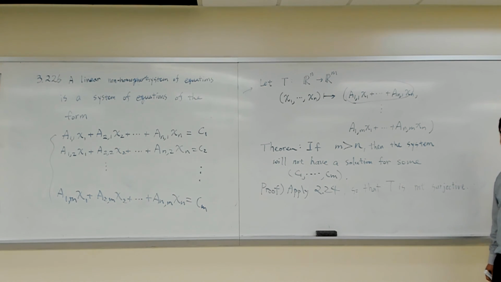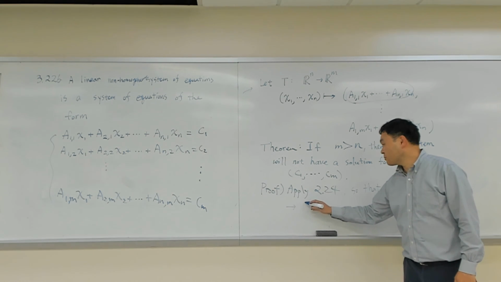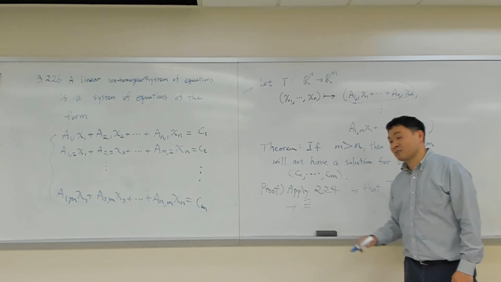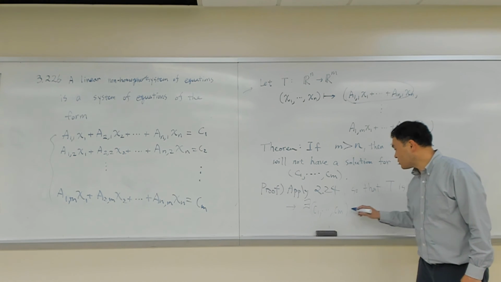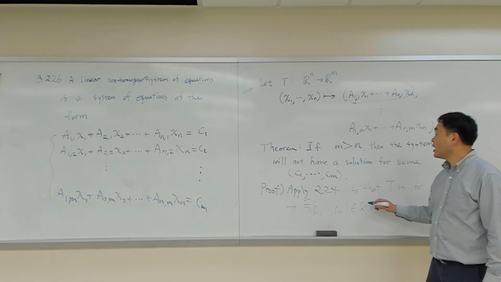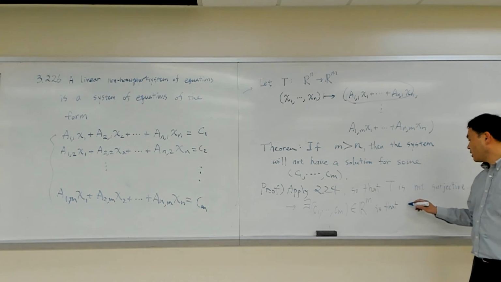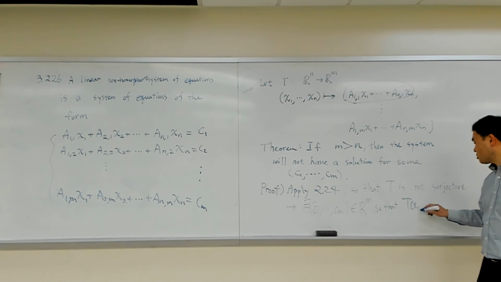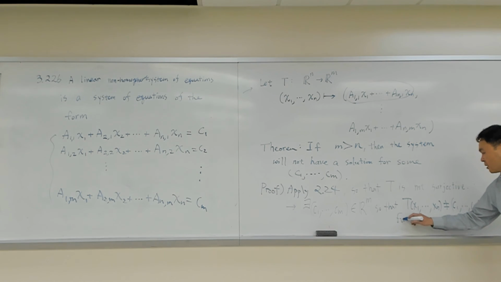Now what that means is that in such a case, there exist C1 through Cm in Rm so that T of x1 through xn is not equal to C1 through Cm for any vector in your domain.